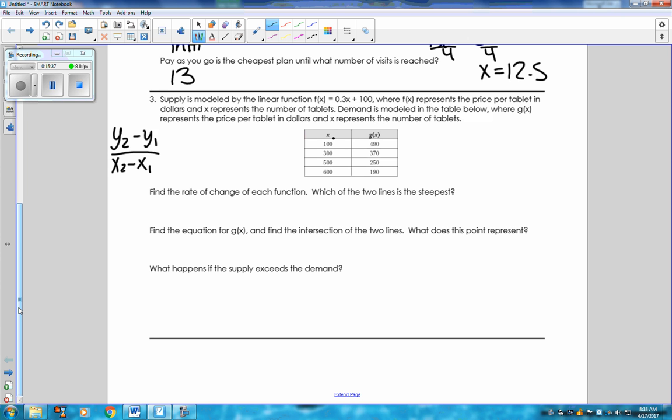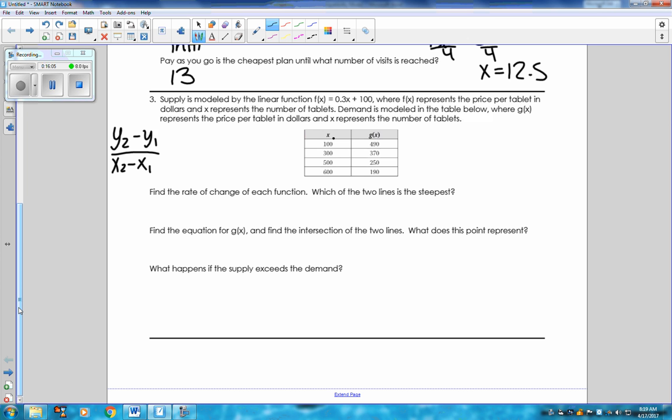For this, if we look at our table, our x values are 100, 300, 500, and 600. If we have a linear equation, I want to back up for a sec. Linear equation. Can we all agree that it has a constant rate of change? Not just one person? Yes.